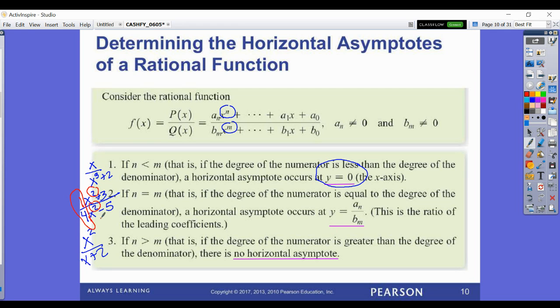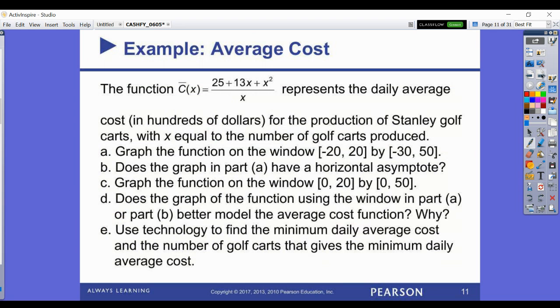So this would have a horizontal asymptote at y equals 1/4, because when you get to huge numbers of x squared, plus 3 and minus 5 are not going to make a big difference. But the 1 and the 4 are going to keep them in that proportion or ratio. So that's where your horizontal asymptote is going to be. So if they have the same degree, you just take these numbers that are in the front and make that your horizontal asymptote.